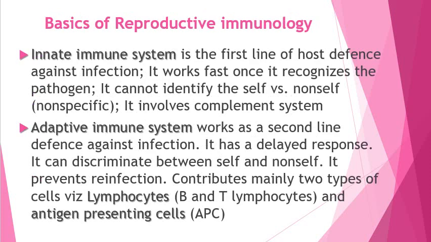Generally, the immune system is divided into two arms, that is innate and adaptive immune system. So what is the innate immune system? It is the first line of host defense against infection. It works at a fast pace. It recognizes the pathogen. It cannot identify self versus non-self, that is, it is non-specific, and involves a complement system.